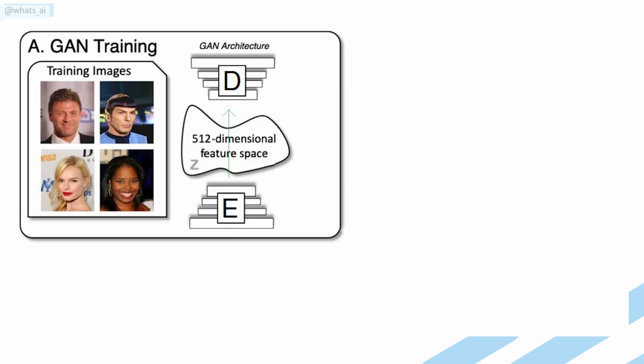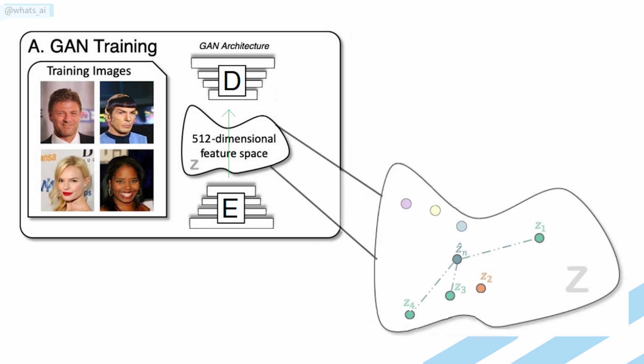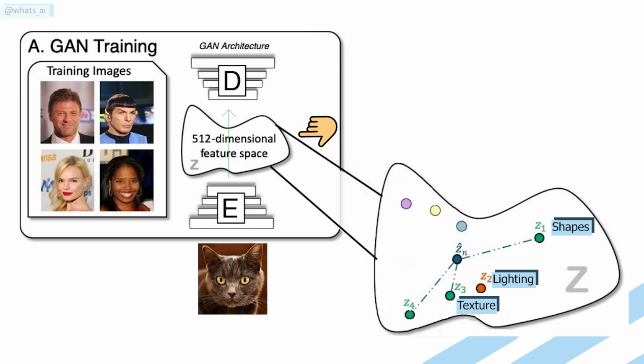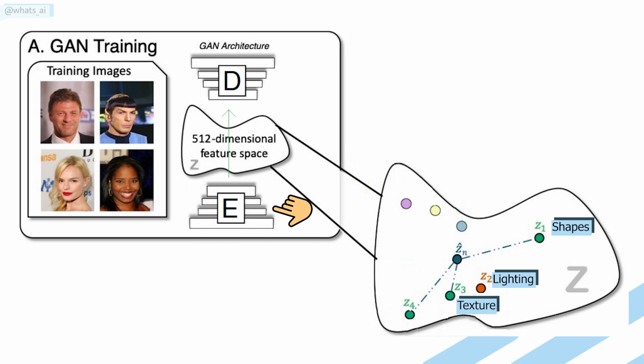Well, the researchers discovered that generative adversarial networks were implicitly acquiring such knowledge during training, meaning that the information regarding the shapes, lighting, and texture of the objects was already encoded inside the GAN model's latent code. This latent code is the output of the encoder part of the GAN architecture that is typically sent into a decoder to generate a new image controlling specific attributes.